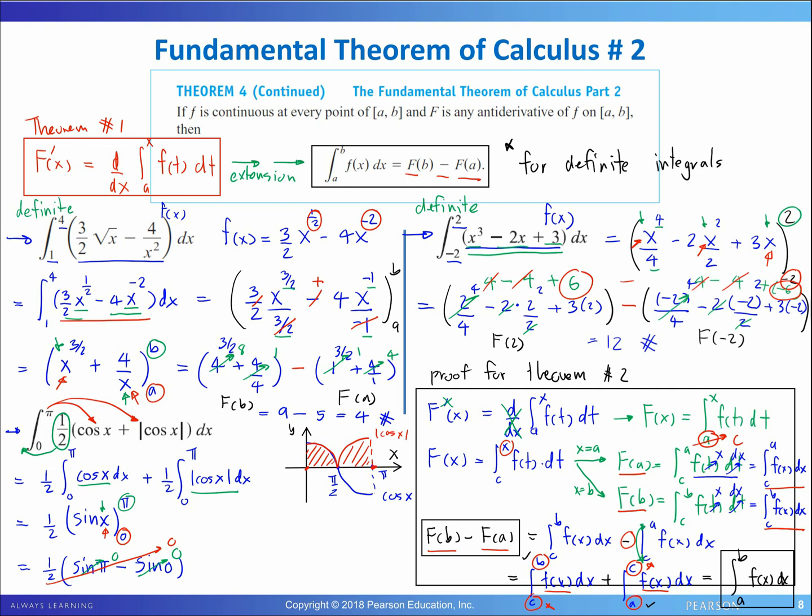Another thing that we know here is that the area of the first half, this one, has to be equal to the area of the second half, this one. Which means that this integral right here can be found by the area of the first half times 2. So this is going to be equal to the area of the first half from 0 to pi over 2 of just cosine of x dx.